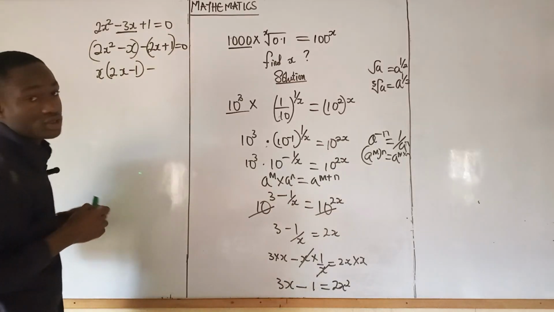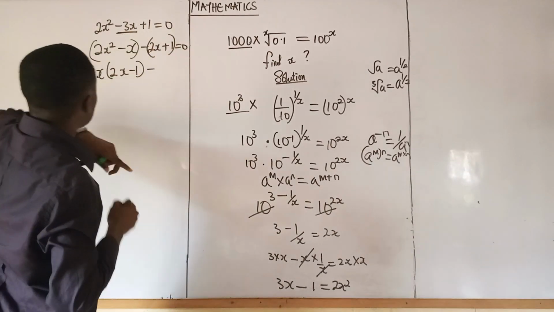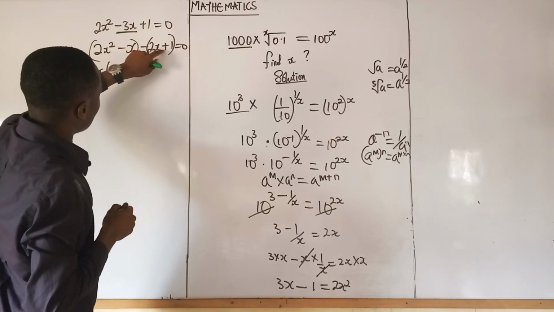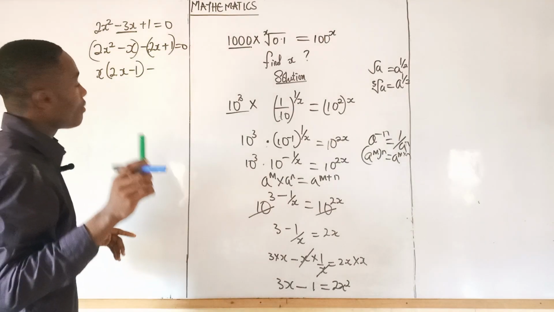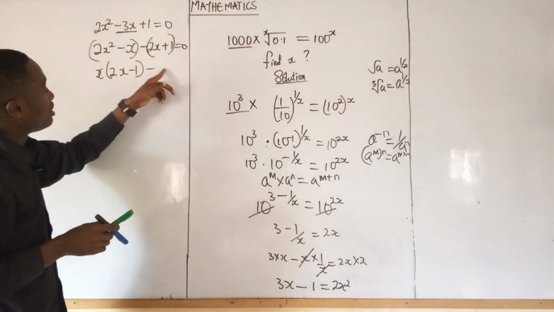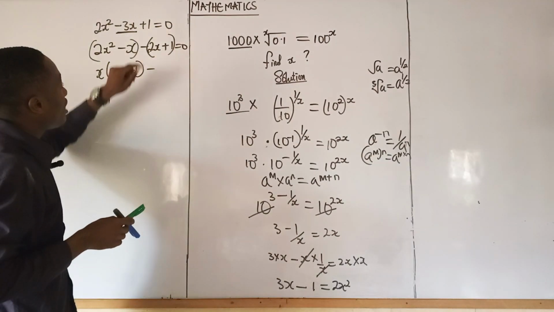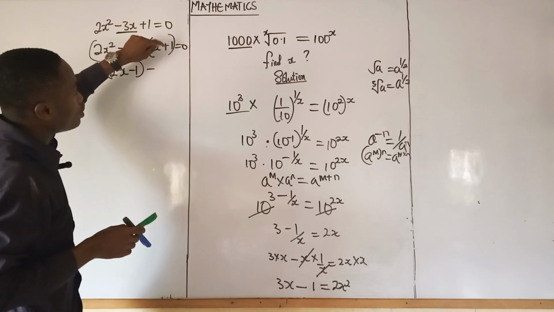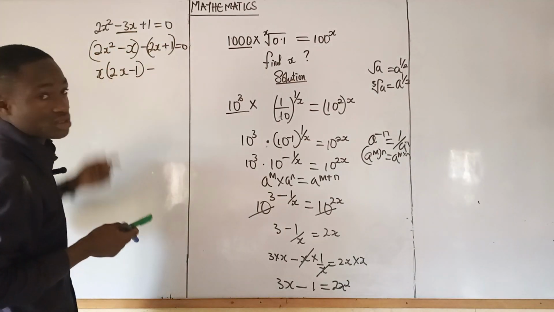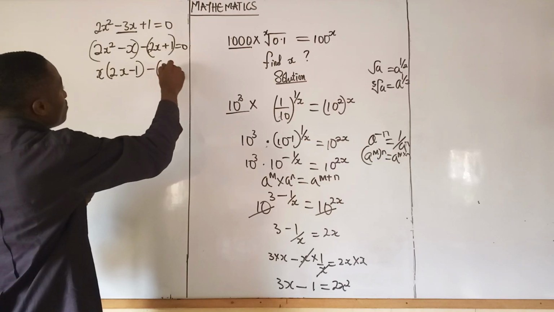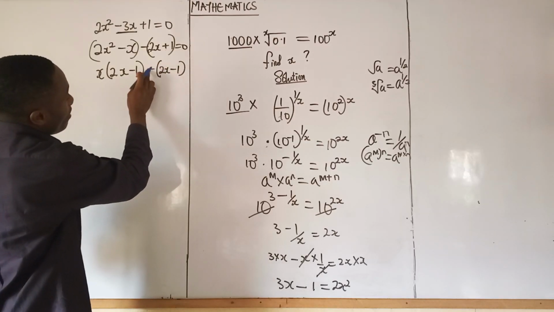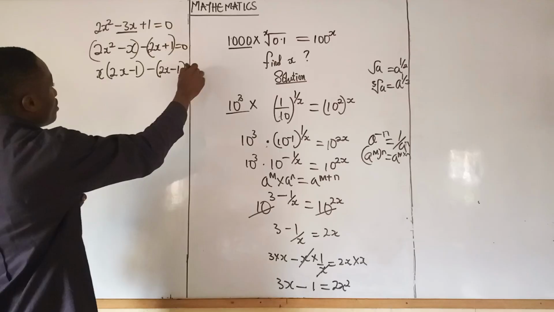This becomes minus. I'm going to factorize a negative here. Though it might look as if nothing is common, always remember that the two brackets have to be the same. So without removing this minus sign, it will still remain positive, which is not correct. So I remove a negative sign. I'll now have 2x minus 1, because when I open the bracket back, minus times minus gives me plus, equals 0.